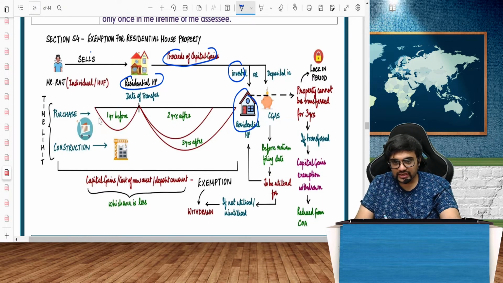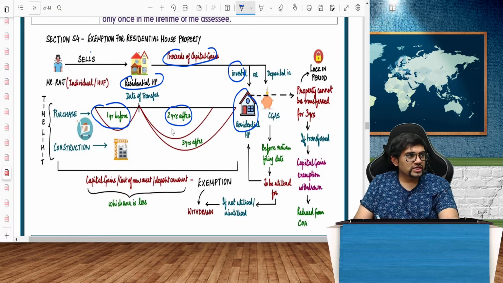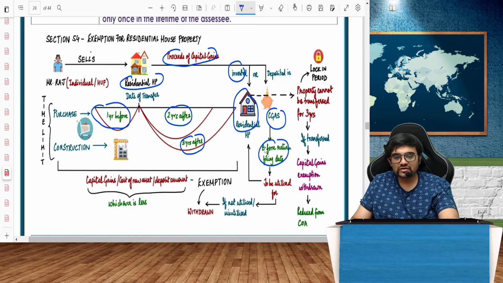When should he do it? Either 1 year before the date of transfer, or he should purchase 2 years after the date of transfer, or construct within 3 years. If it is not done, I should deposit in the capital gains account scheme before the due date of filing the return. Only then you will get the exemption.